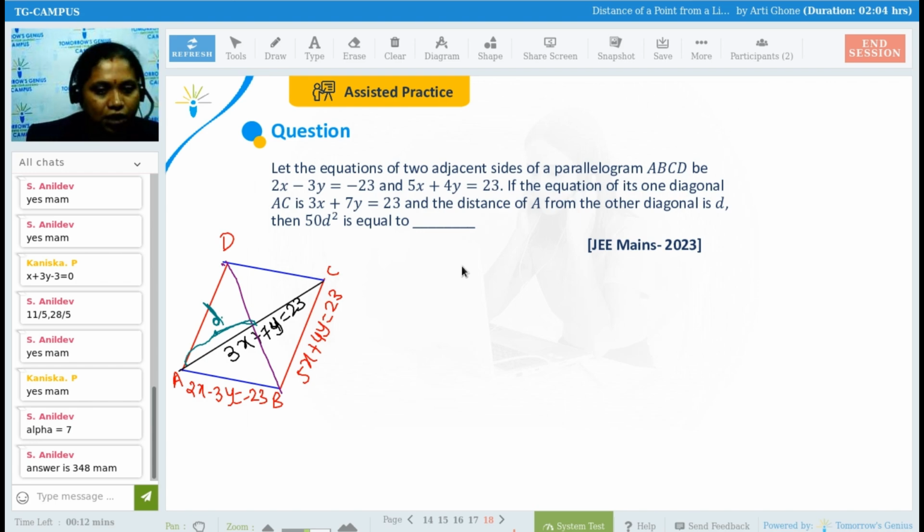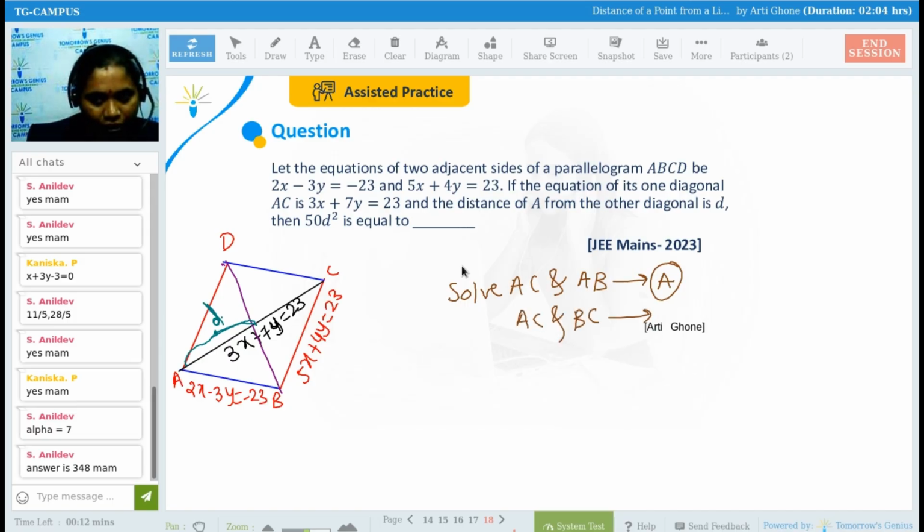Clear? Okay, now how will we solve? First is AC equation and AB equation. What will we get? Point of intersection A. If we solve AC equation and BC equation, what will we get?